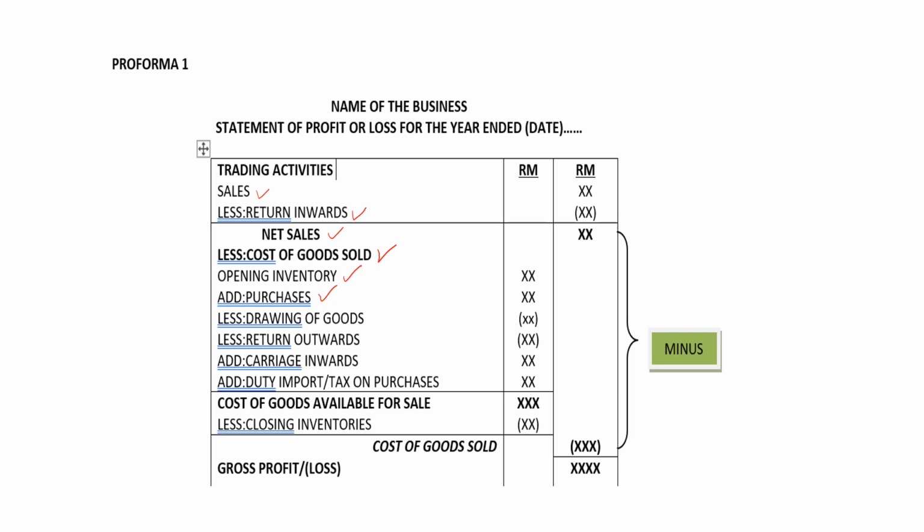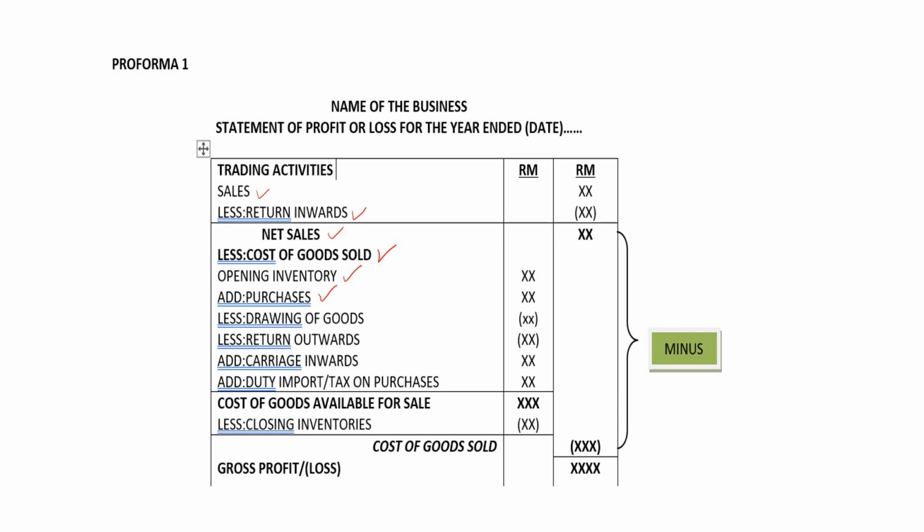Here purchases refer to purchase of goods for resale. If you purchase motor vehicles, for example, but you are involved with trading activities, then purchase of motor vehicles means you purchase an asset. So the asset you will transfer to or record under the balance sheet, statement of financial position.